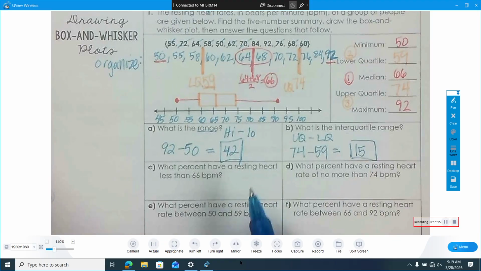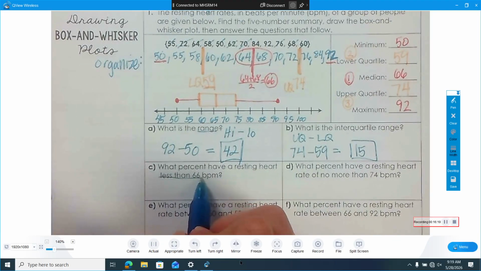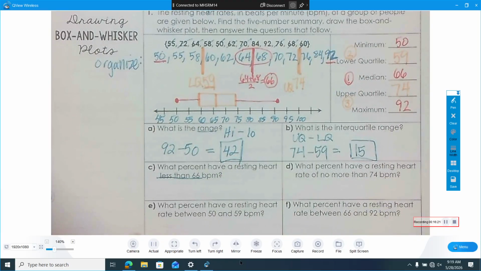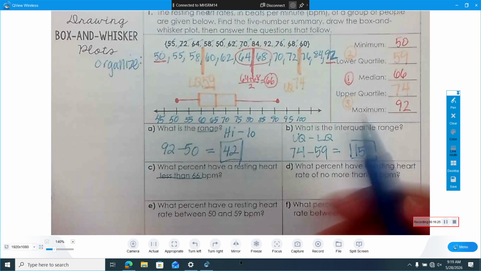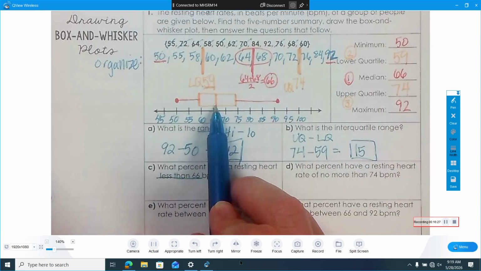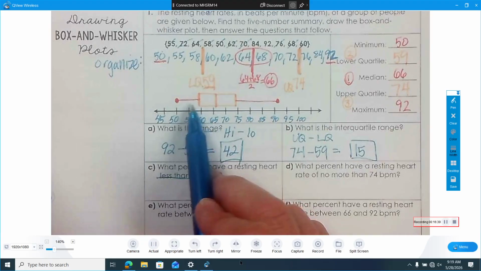What percent of people have a resting heart rate less than 66? Yeah, how'd you figure 50? So looking at my graph, 66 is right here at my middle waypoint. How'd you get 50? Half the data, yeah.